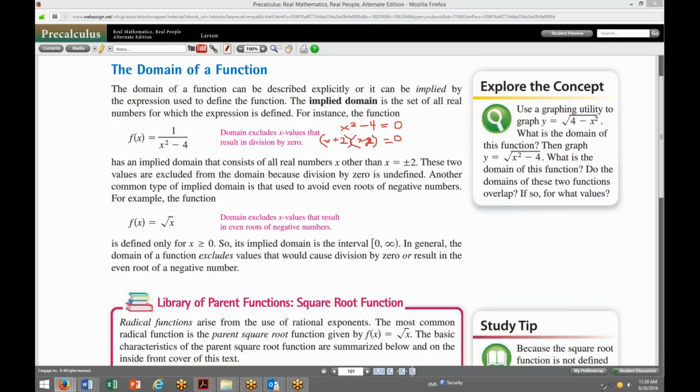If two numbers are ever multiplied together and the answer of the multiplication problem is 0, in other words, if you multiply two quantities together and the product of those two quantities is 0, then here's the rule. Either one of those quantities may be equal to 0, or both of them might be equal to 0. It's called the zero product rule and many other names.